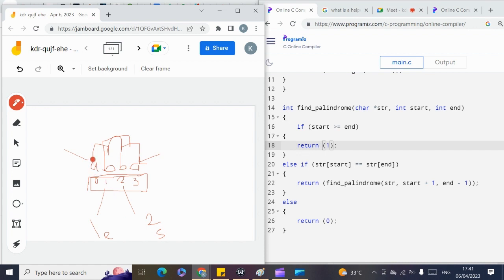So start moves to 1, end moves to 2 for the first recursion, and then end moves again from 2 to 1. I'm referring to end. Sorry, this is e, and this is s.